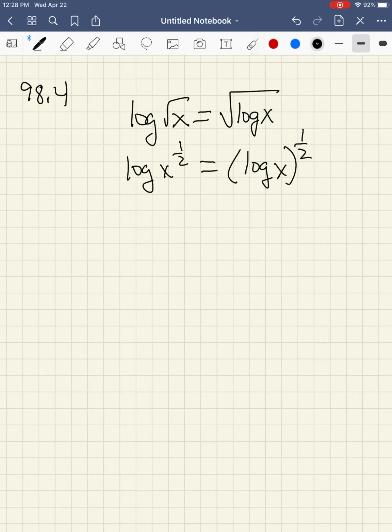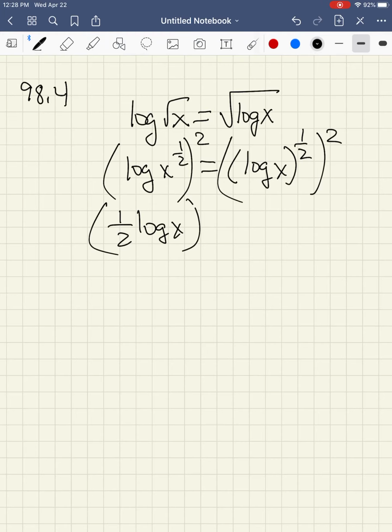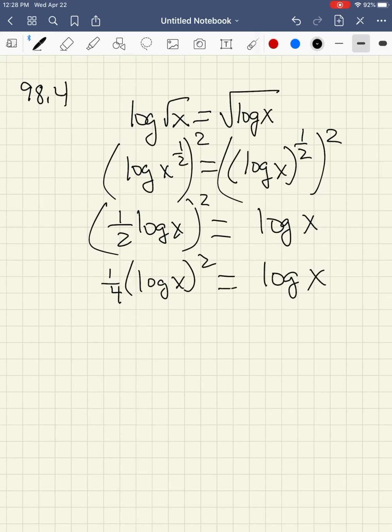So if we square both sides of this equation, then we'll get this would be 1/2 log of x raised to the second power, and this just becomes log of x. And so this 1/2 squared becomes 1/4, and then log x squared equals log x.